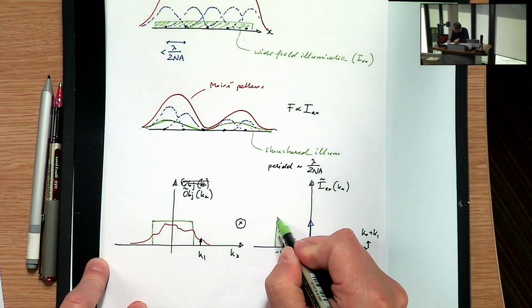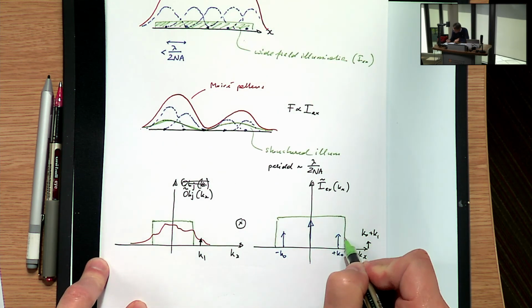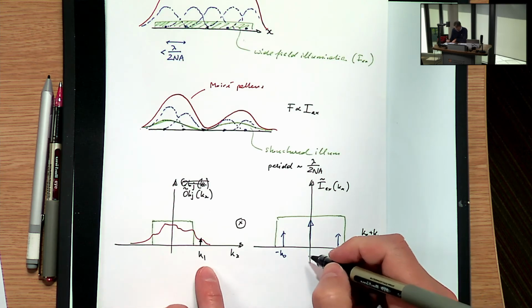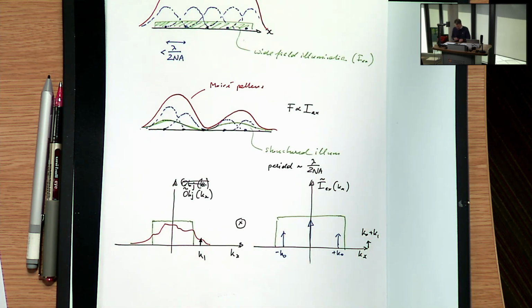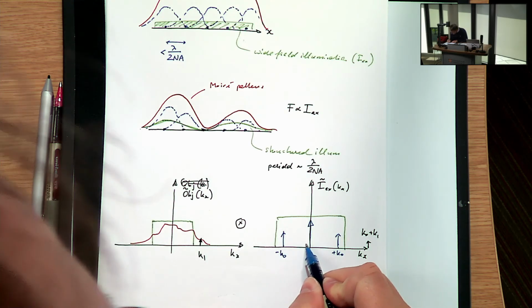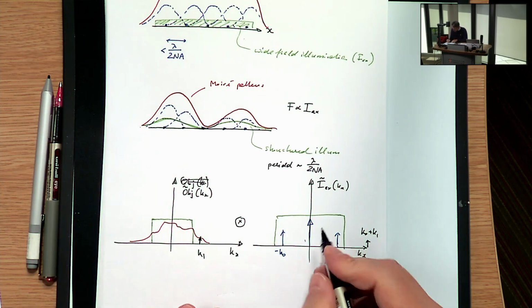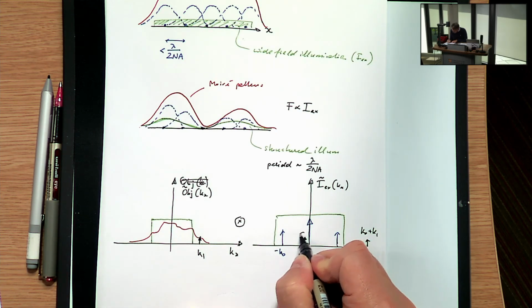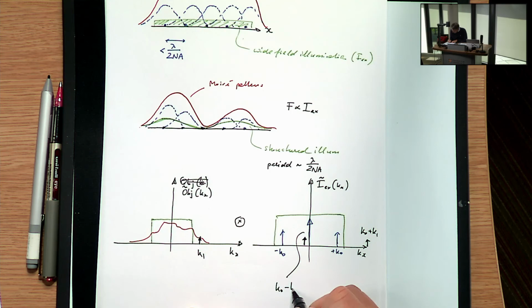So that's a sum frequency. But you can also get the difference frequency. With this one, you get a component that is K0 minus K1. So it might lie somewhere around here. And that's the one, K0 minus K1.